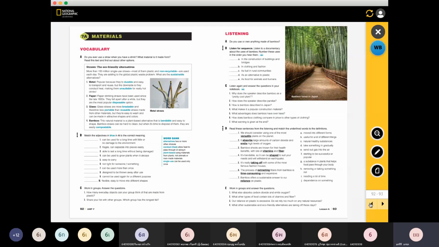When we talk about materials, the first thing we think about when it comes to design is something that we can use.